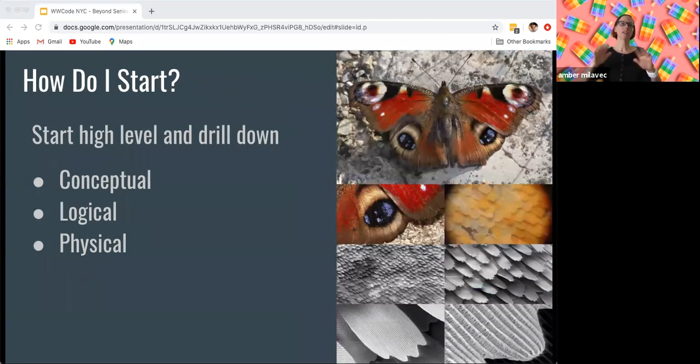So from a high level, where do I even start with the diagrams? Sometimes you're not really sure, and you try to put everything in one picture. I try to really think about things from this high-level, drilling-down kind of visual. I love this picture of a moth. As you drill down you can see the little components of its wing, and then you dig down a little deeper and you see little ridges within the components, and the ridges within the ridges.